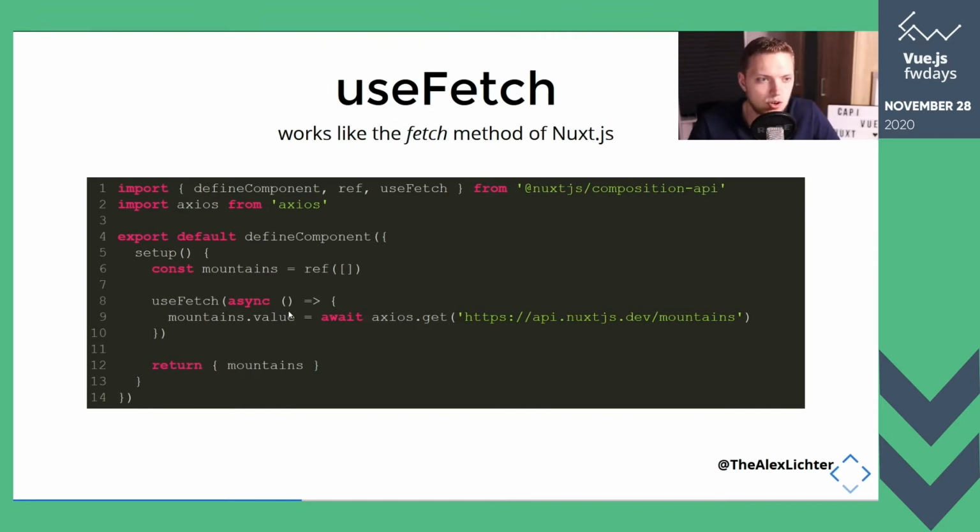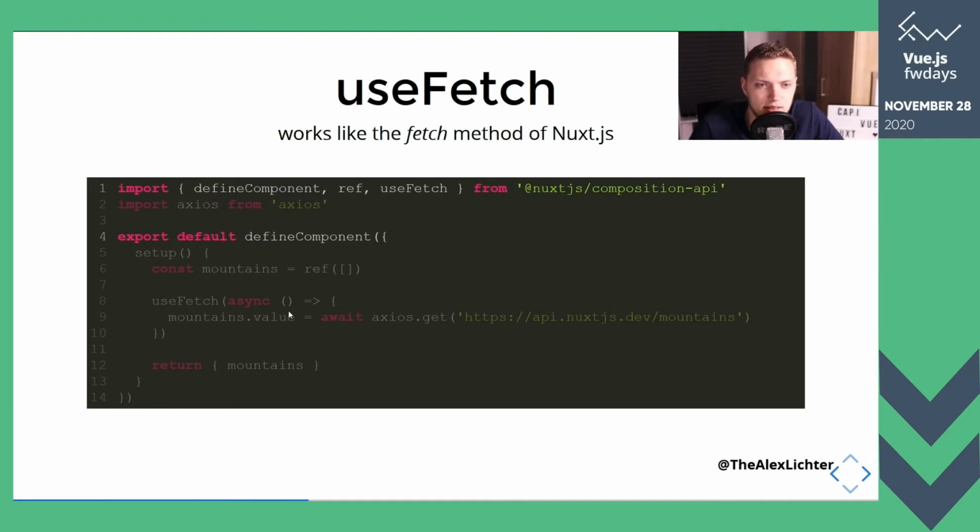The first thing you should notice is lines 1 and 4. I've mentioned define component briefly, just for improving, again, TypeScript support and IntelliSense. And we also import ref and useFetch. I mean, sure, we import useFetch from the composition API package, but also ref and also define component. So why is that even possible?